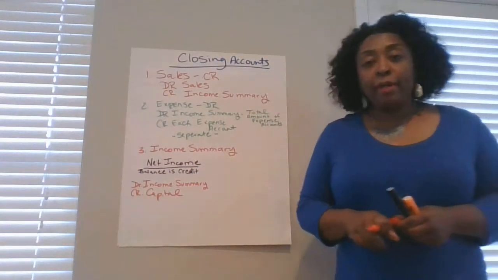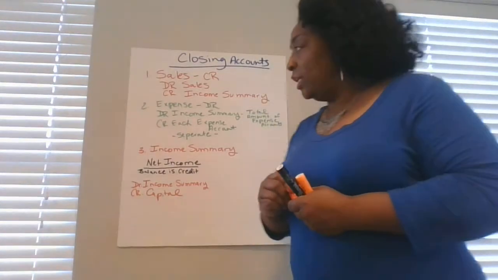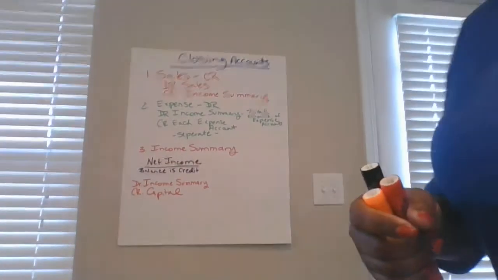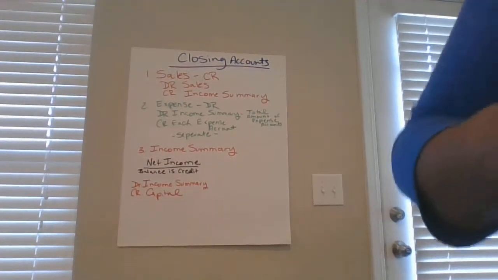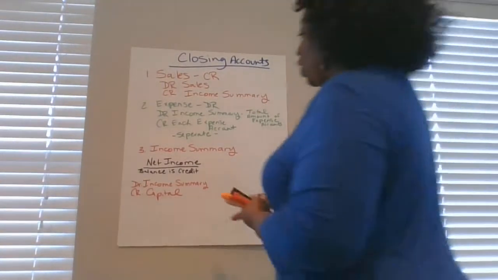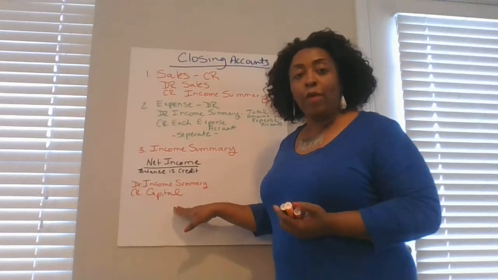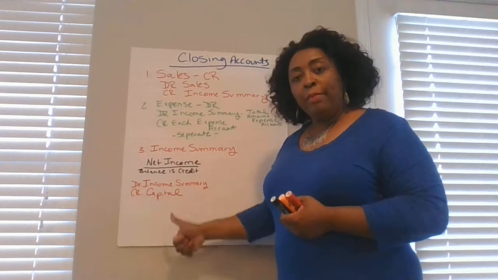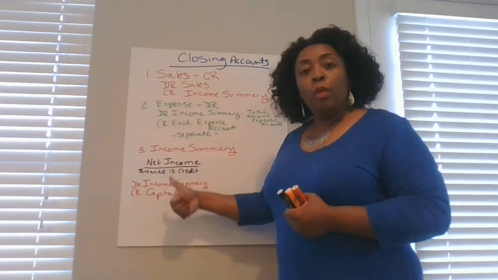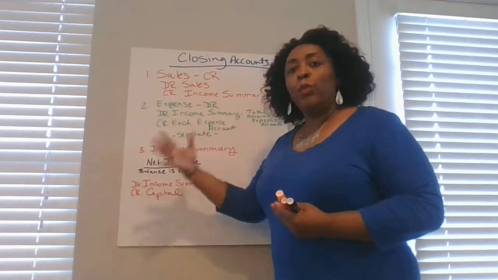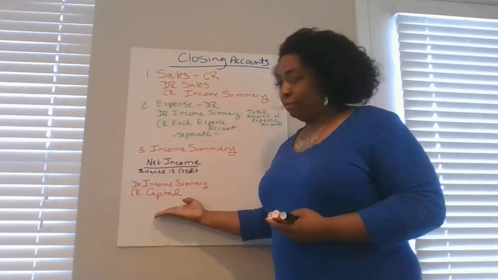And if you remember our owner's equity section with our accounting equation, the normal balance of capital is credit. So for us to credit capital, that means we're increasing capital, which means we've made profit, we've made money, so the owner would have more capital.